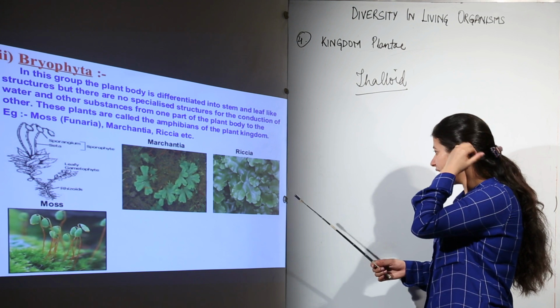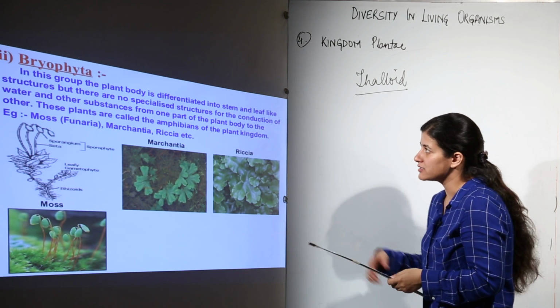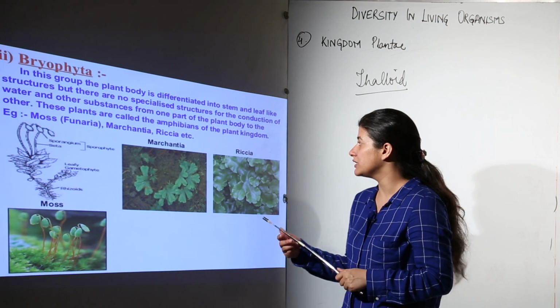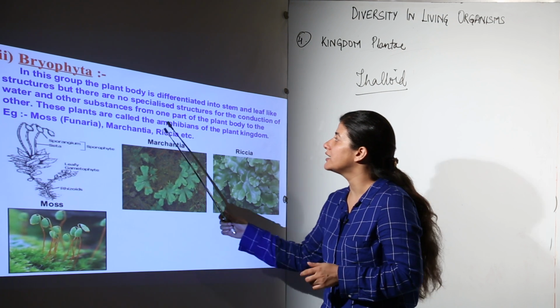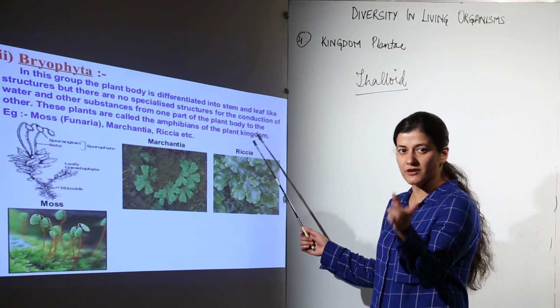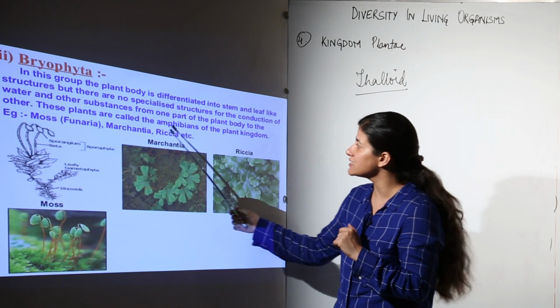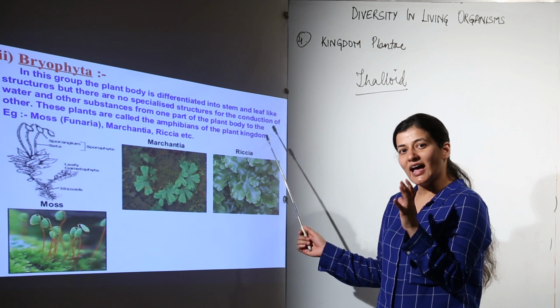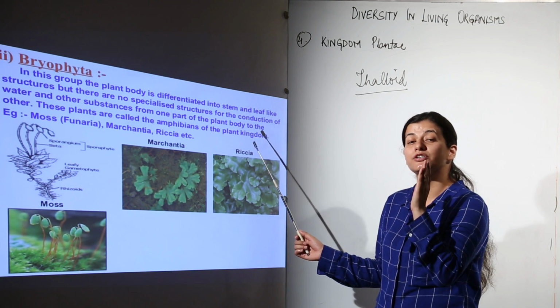Moving further, we have Bryophyta. The plants of division Bryophyta are called the amphibians of the plant kingdom. The first thing you need to pay attention to is that they are called the amphibians of the plant kingdom, which means that they need water.